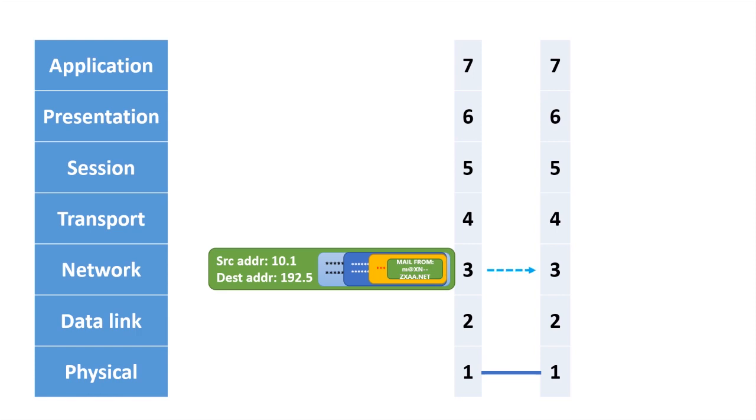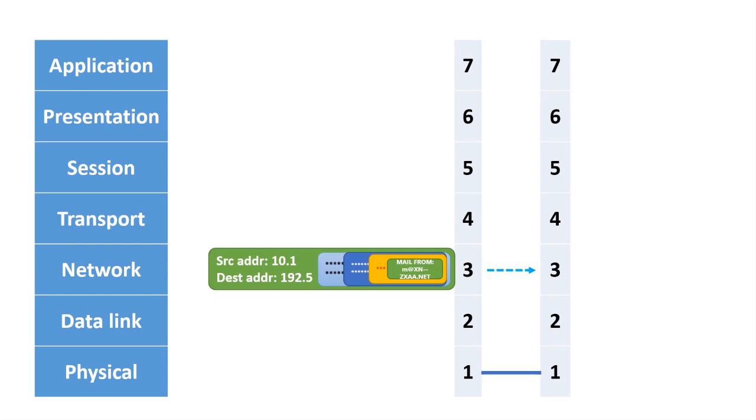Its peer layer may be the first router, which will look at the source and destination addresses, especially the destination address, and it may send it on to another router, and that router may talk to another router. In these cases the first router is a peer of the second router, which is a peer of the third router.